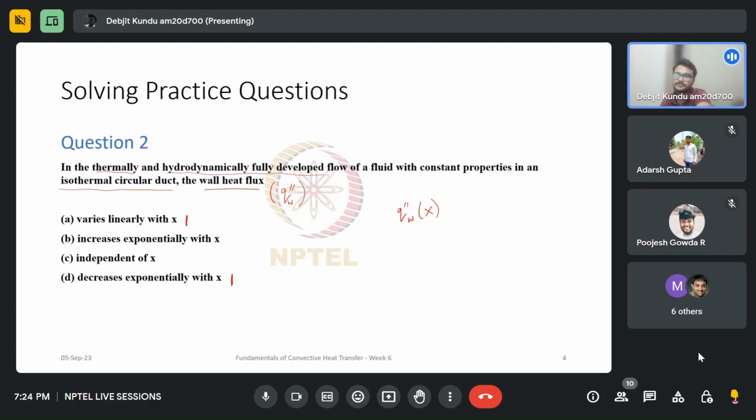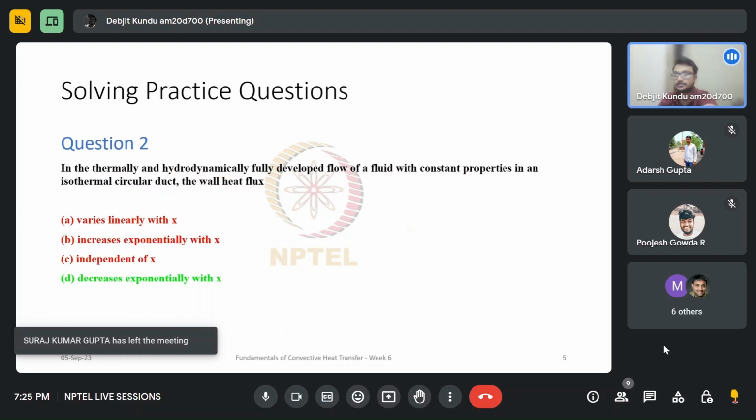We have one response saying that q varies linearly with x, and another one saying that it decreases exponentially with x. We have another supporter of option A, that is, it varies linearly with x. Okay, so let's have a look at the solution.